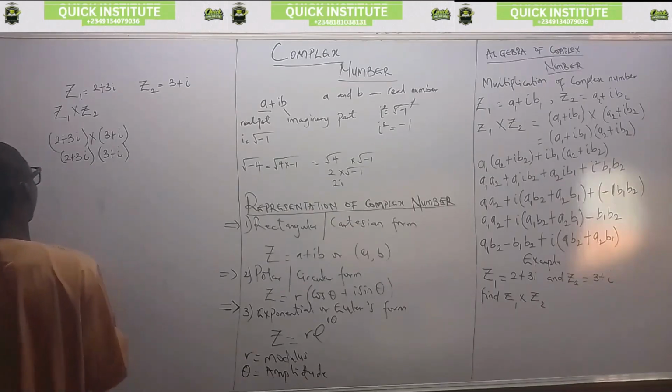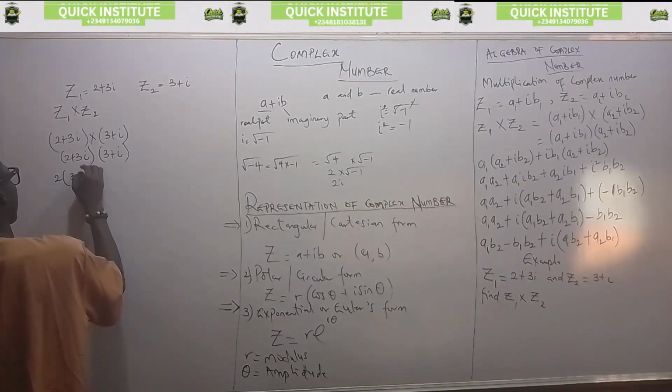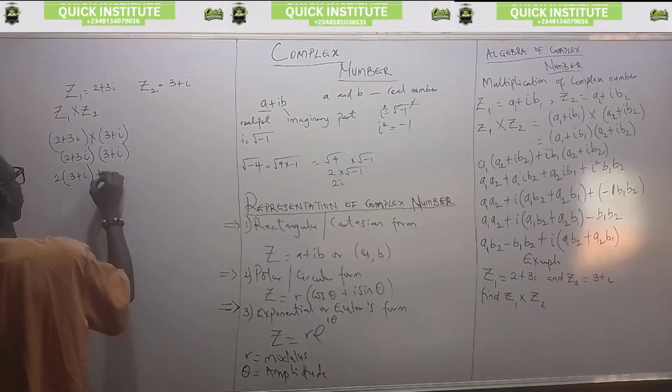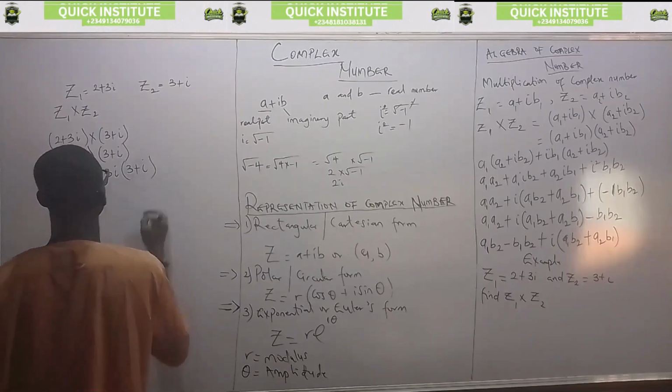So to expand the bracket, we have 2 times 3 plus i, plus 3i times 3 plus i.